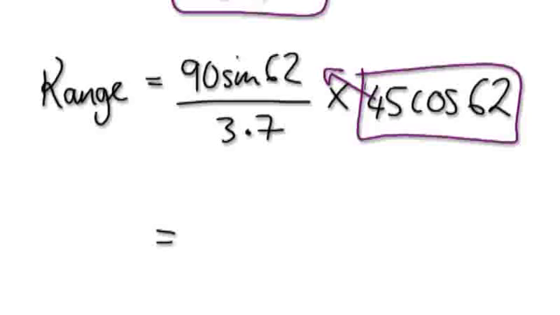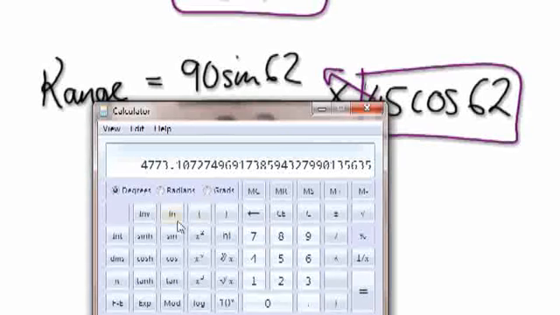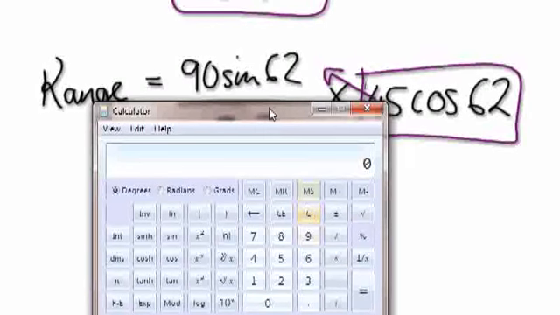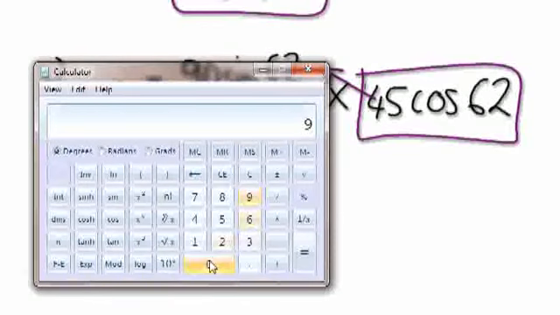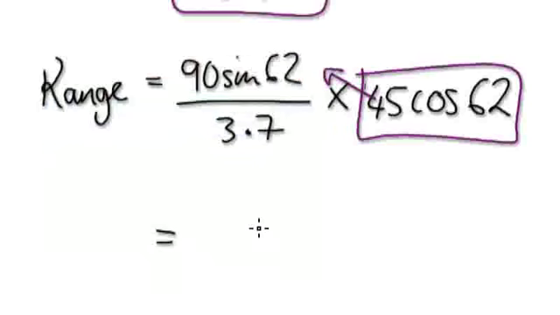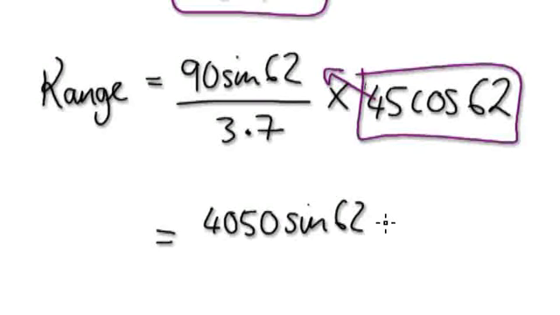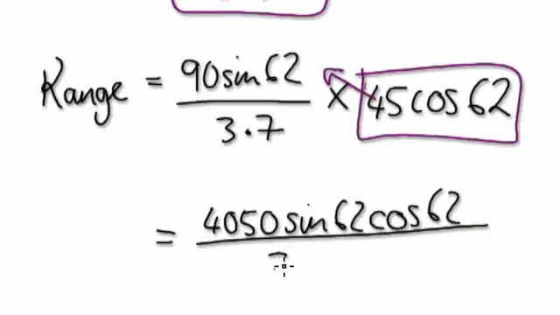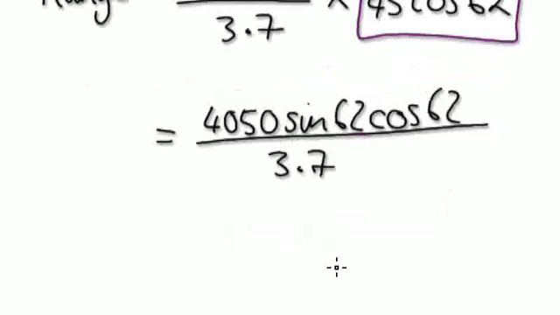So that will be 90 times 45, which equals 4050 sine 62 cos 62 over 3.7.